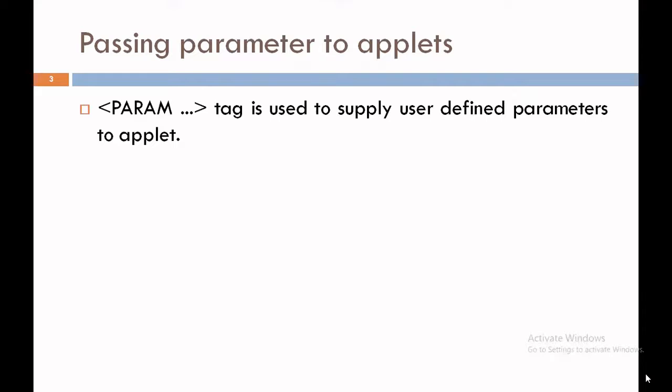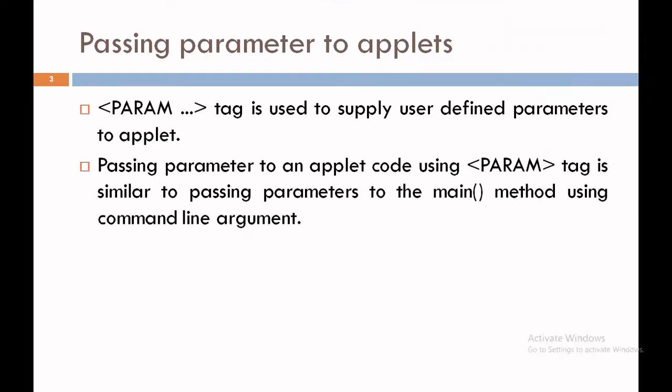Or we can say that the param tag element is used to provide command line arguments to a Java applet, which is embedded in a document file with the applet tag element. In short, passing a parameter to an applet using a param tag is similar to passing a parameter to the main method using command line arguments.